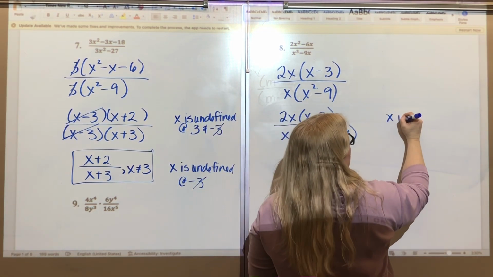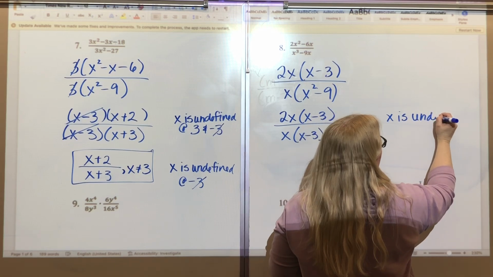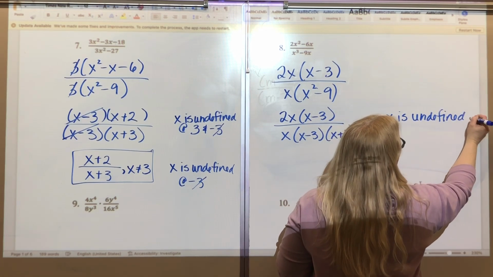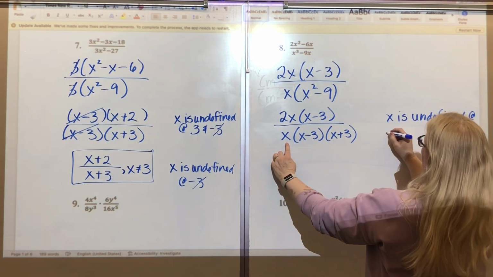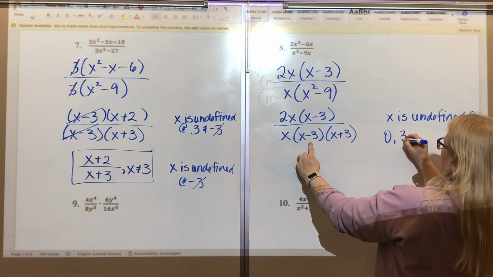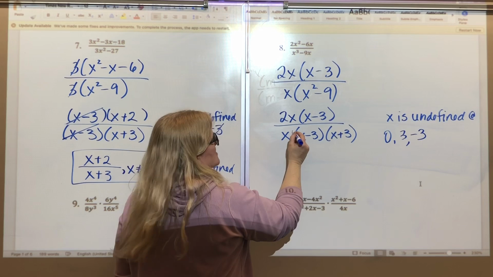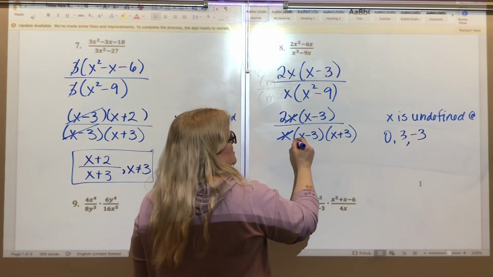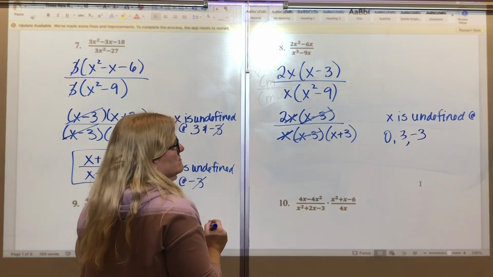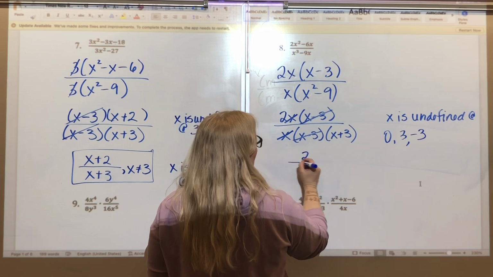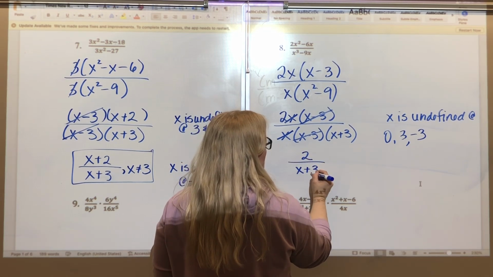So x is undefined at 0, 3, and -3. All right, well these x's cancel. These x minus 3's cancel. So I have 2 over x plus 3.